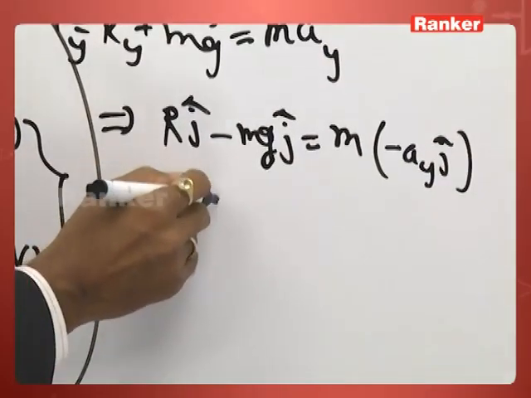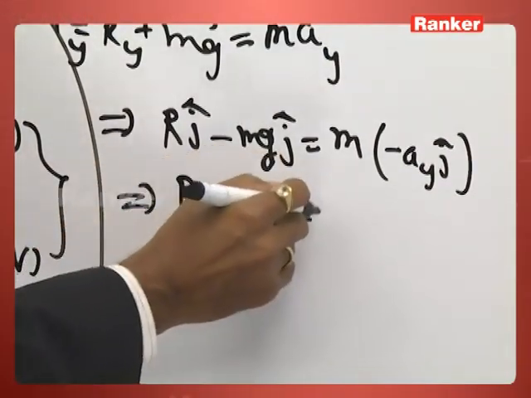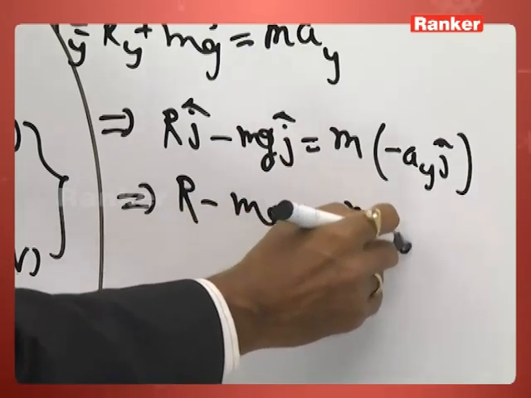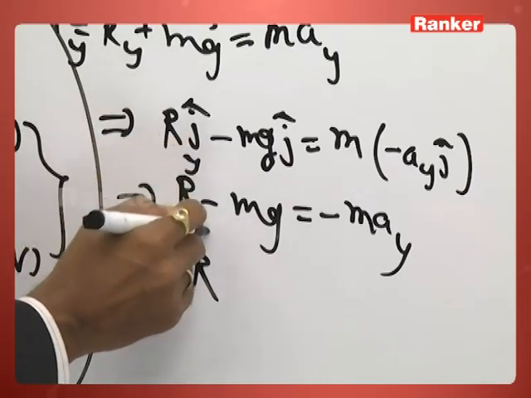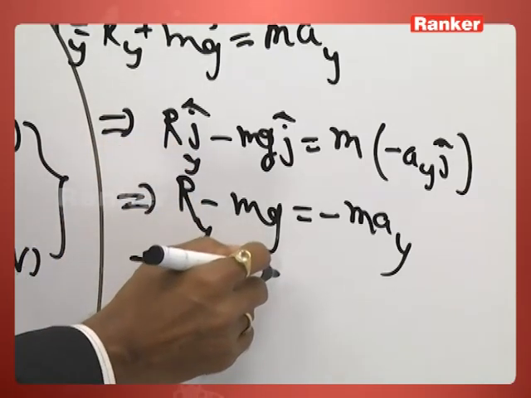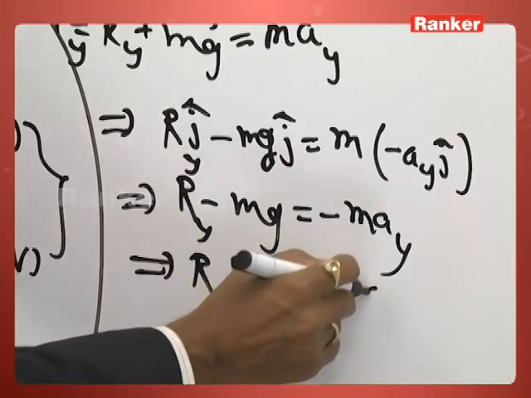Then you are getting the correct equation. R minus mg is equal to minus may. Therefore, R along y direction, Ry is equal to mg minus ay.